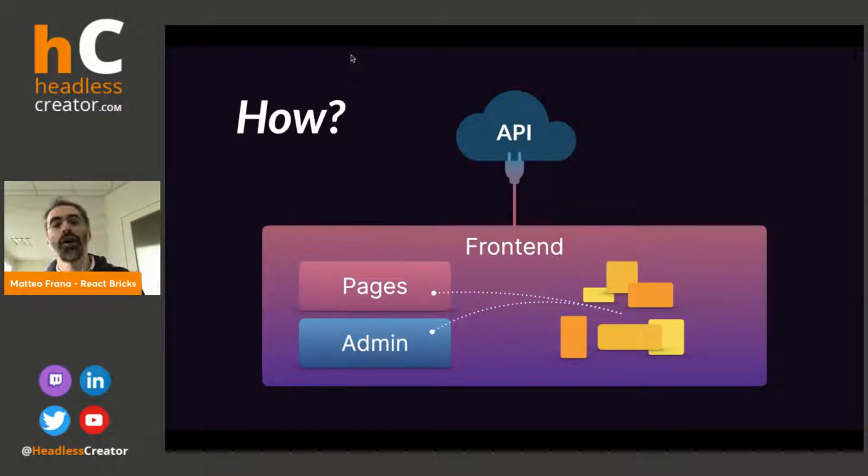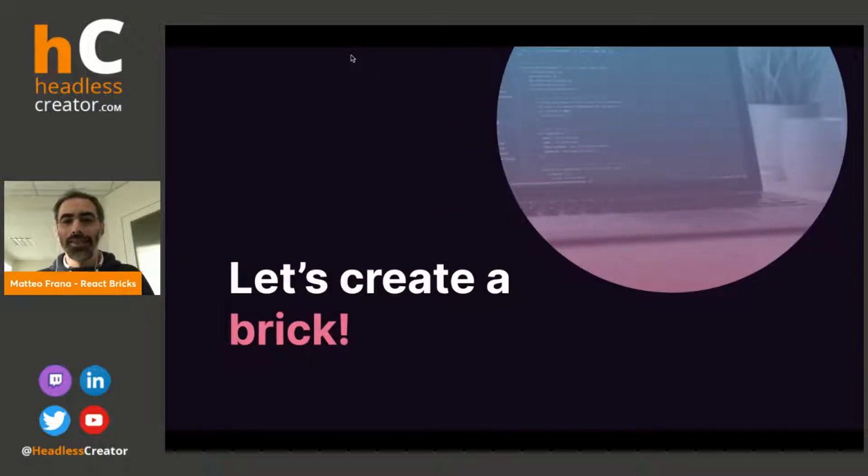So you have your Gatsby or Next.js project, and inside of it there is an admin folder with the admin interface, and you host it yourself. So you host the front end website with the folder where the admin lives. And in this way, having the bricks shared between the front end and the admin is just a matter of importing the same module in both. So let's create a brick.